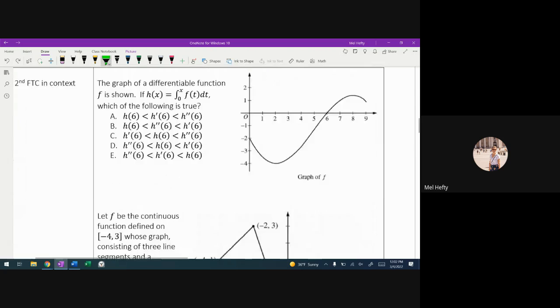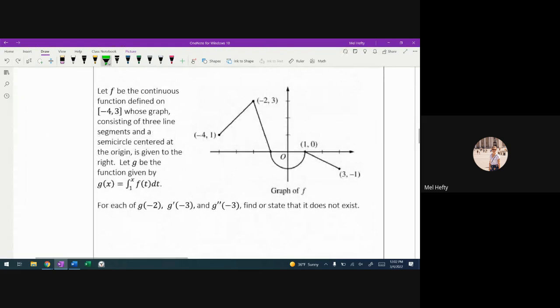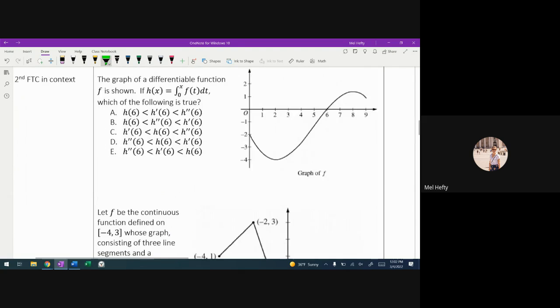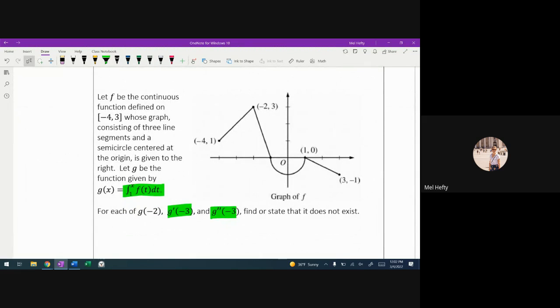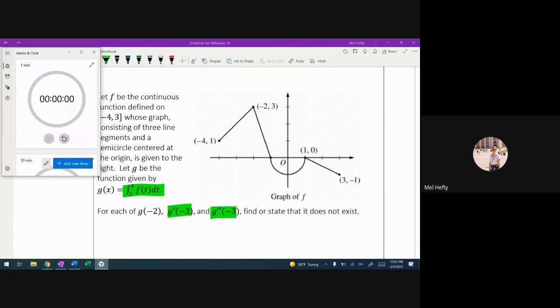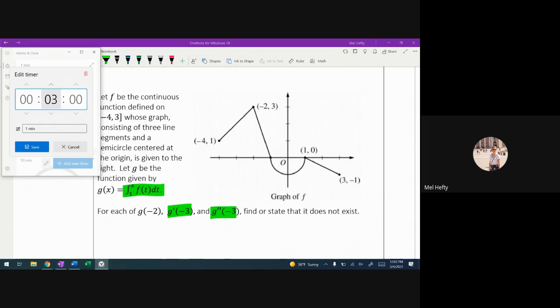Same thing with this question at the bottom, very similar looking graph. We've got an accumulation function, but now they're asking about the derivative of that accumulation function. But in this case, both of those top bounds are just X, so it's not super complicated. All right, let's take 4, and then we'll be back for some more calculus.